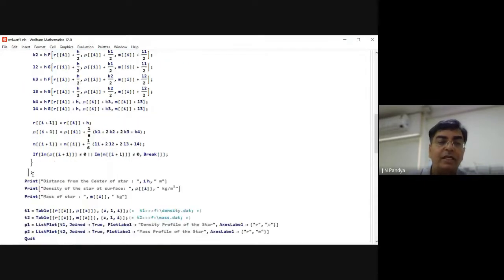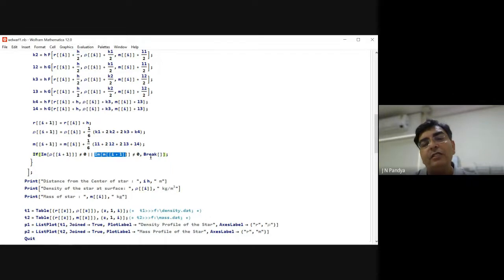So conditional breaking will be like, if you have got some imaginary part coming in for rho, or some imaginary part for m as well, that means these things are becoming imaginary when you try to solve them.